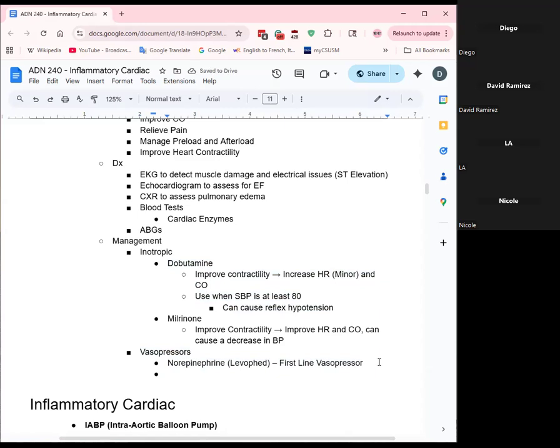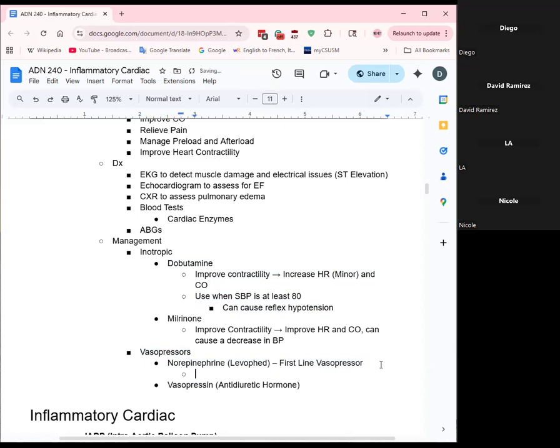If the vasopressor norepinephrine doesn't work, they could add vasopressin, which is also known as the antidiuretic hormone. So usually if they reach a certain amount of levophed, if I recall from what Kaylin has told me, it usually starts at, I believe, 5 mics.